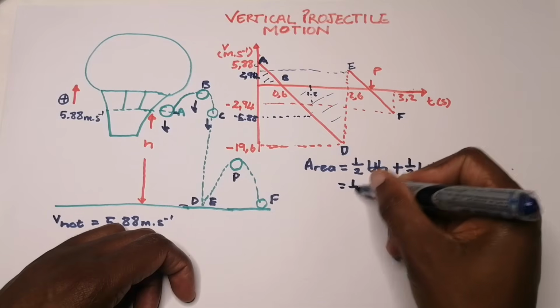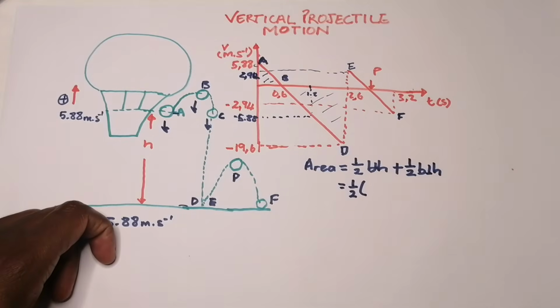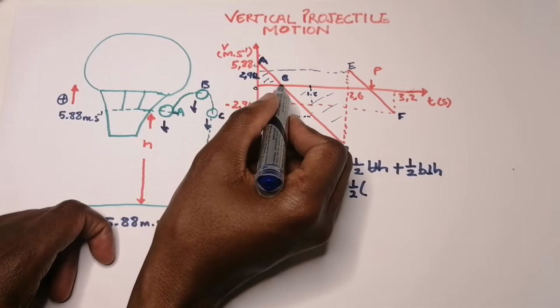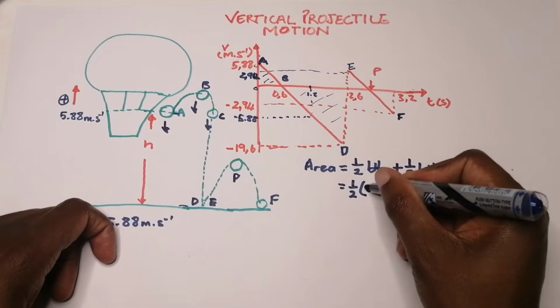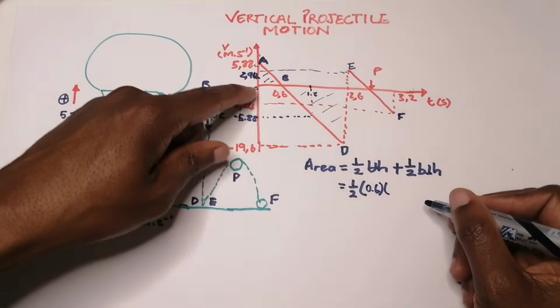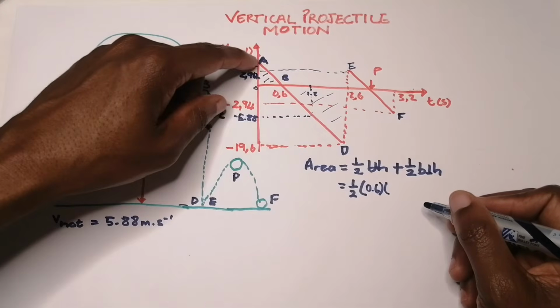So what is the base of my triangle there? It's between 0 and 0.6. So that base would be 0.6, multiplied by the perpendicular height, and my height in that case is 5.88.